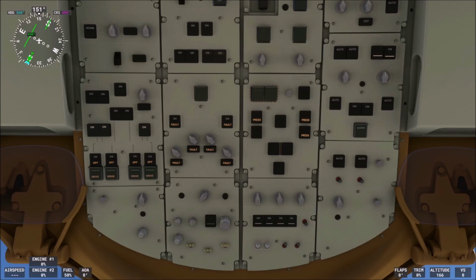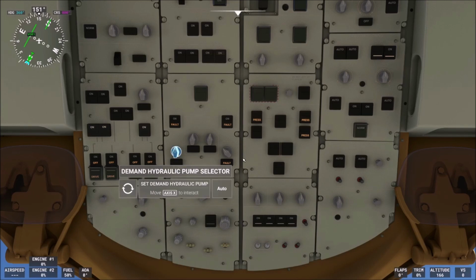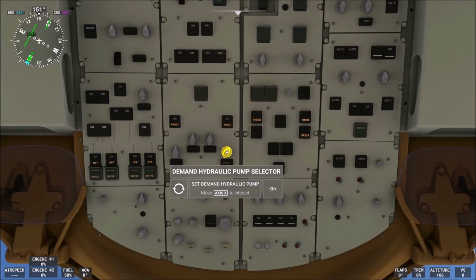And as I said also, without going into further details, left and right elect on demand selectors is additional electricity that is needed in order to have all the fluids working in the plane. So C1 and C2 elect pump selectors must be set to the auto position. Okay, 1, 2, and left and right elect on demand selectors must be set also to auto position. Here it is. Auto.